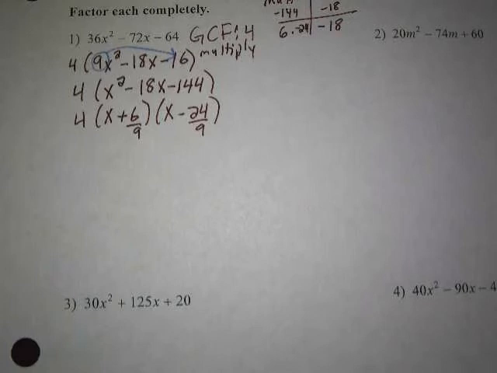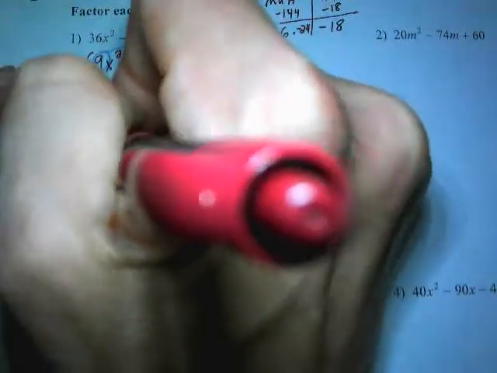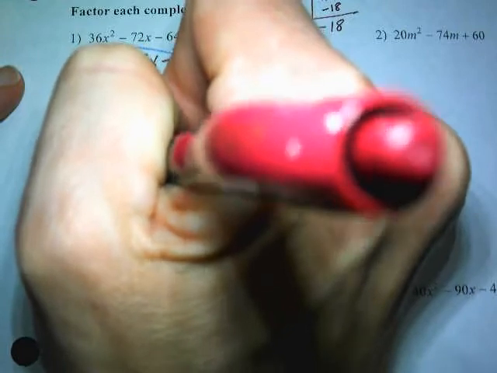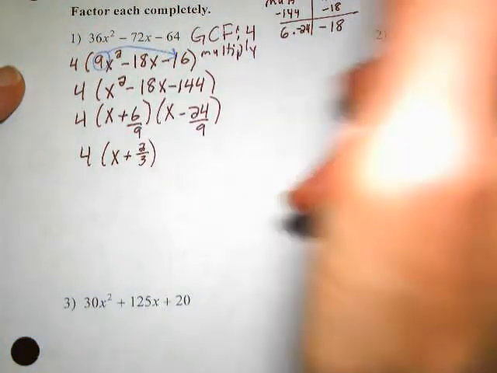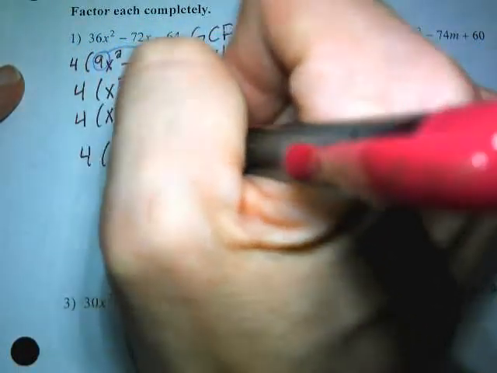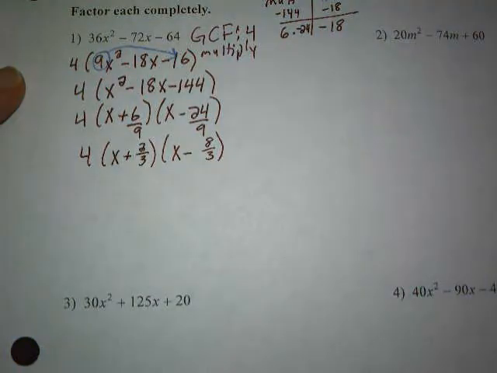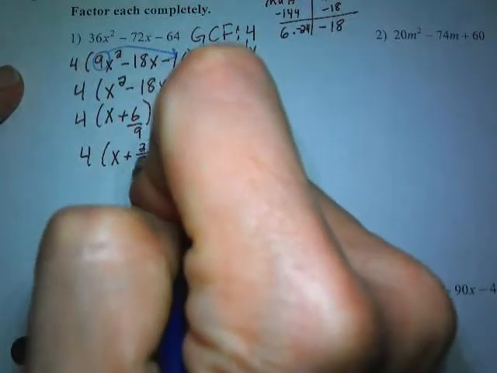So we are going to need to reduce these fractions before we continue. And when we reduce, we get x plus 2/3 when we divide both of those by 3, and x minus 8 over 3. And now that our fractions are simplified, we can move our denominators.